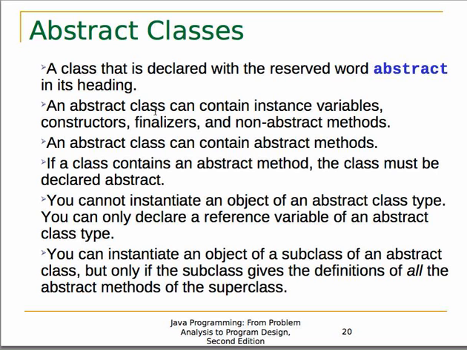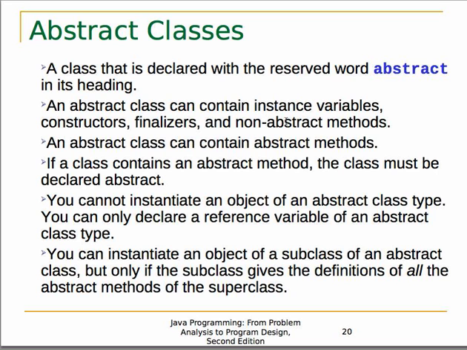An abstract class can contain instance variables, that is non-static data members. That's another way of referring to them. It can have constructors. You can have abstract classes with constructors. You can have abstract classes with finalizers. We haven't really talked about that so much. Maybe we'll do that later.